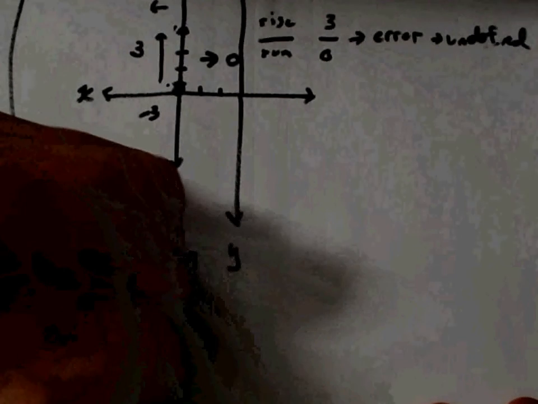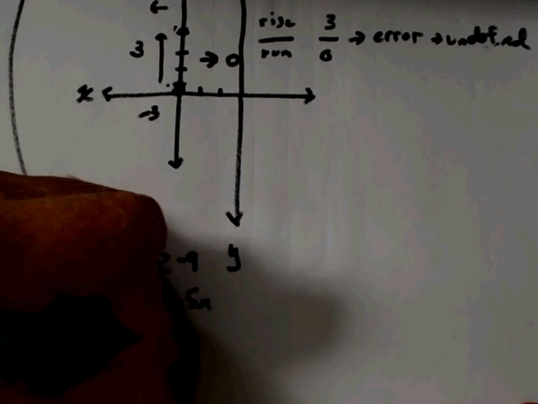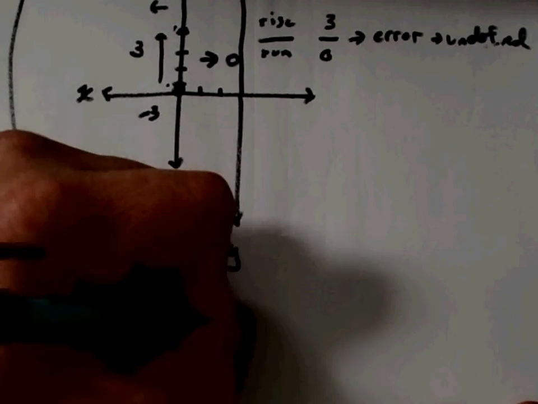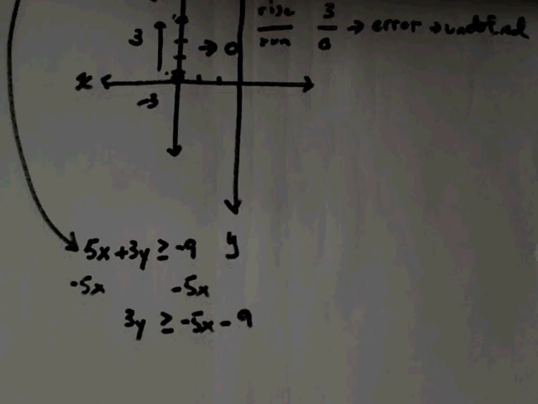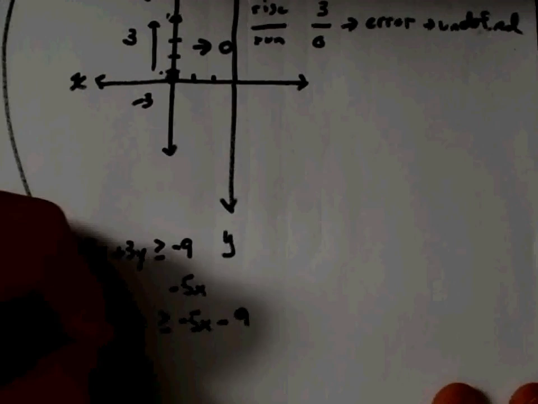Minus the 5x. And I'm going to have 3y is going to be greater than or equal to -5x minus 9. Should I flip the sign when I subtracted? No, I only flip the sign when I multiply or divide by a negative number.